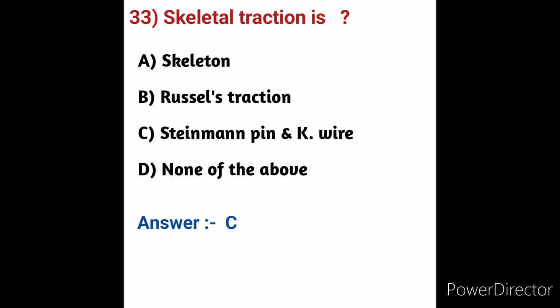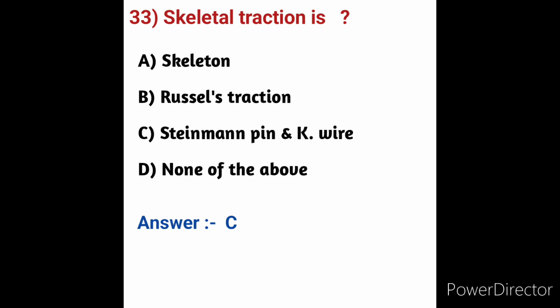Utilizing a skeletal traction technique to restore movements in a contracted joint typically requires percutaneous insertion of a Steinman pin and K-wire.